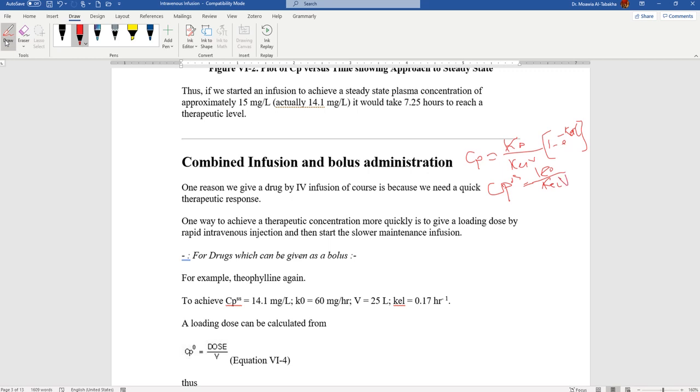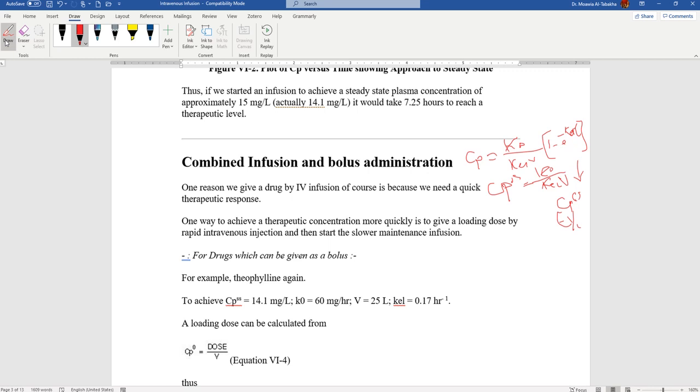And the other information we added is that the time to approach the CPss is dependent on the half-life of the drug, and that it takes a very long time to approach this CPss.